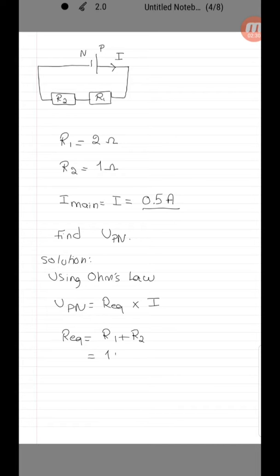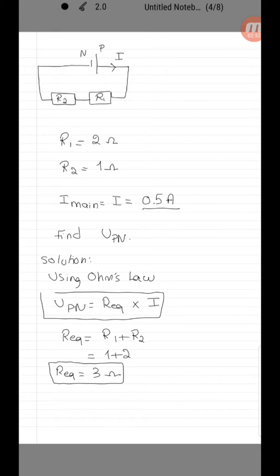equals 1 plus 2 equals 3 ohms. So R equivalent equals 3 ohms. Now I have found R equivalent. I can use this formula.